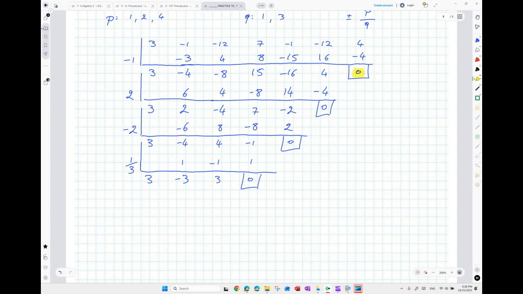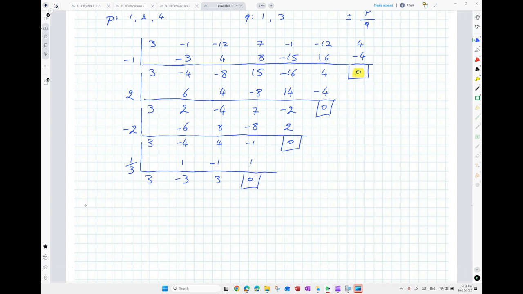Now, as soon as you have only a second degree remainder in these successive synthetic divisions, you can conclude, okay, because you know how to factor these.